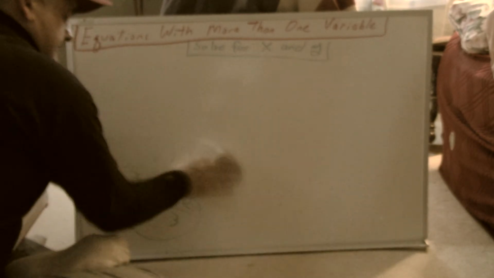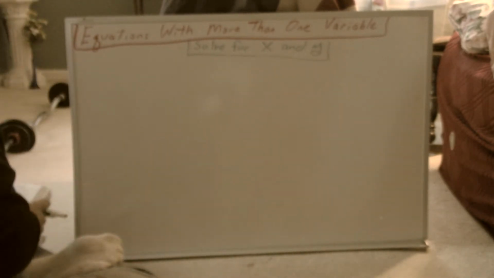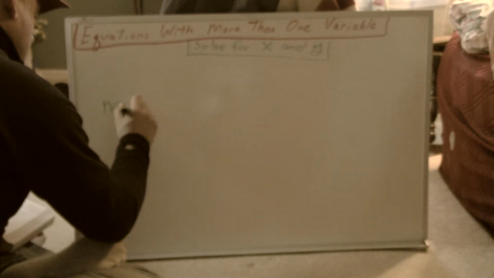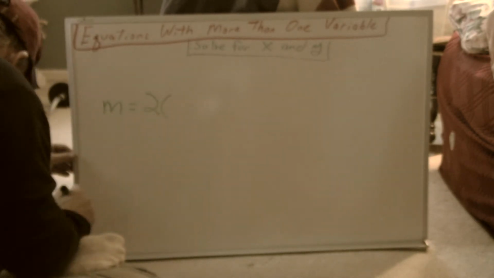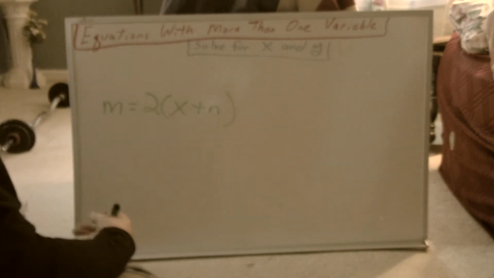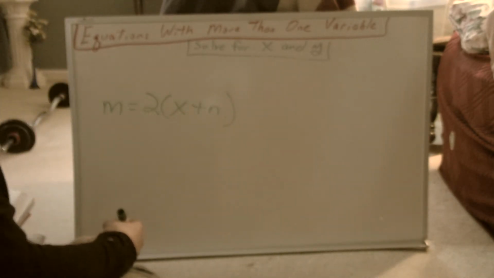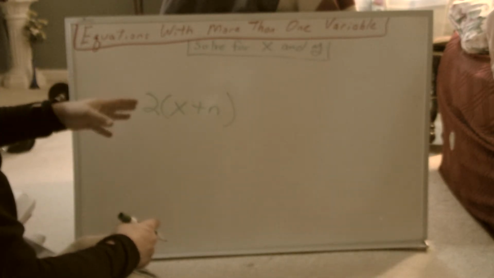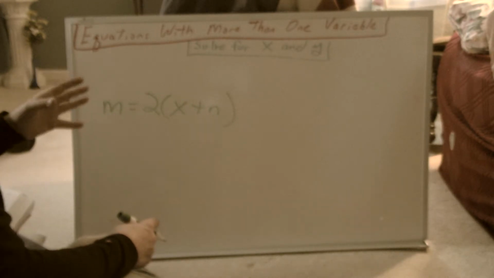All right, here's another one. This one's fun. M equals 2 times x plus n. Now, I told you in algebra, especially with addition and subtraction, you have to distribute first.